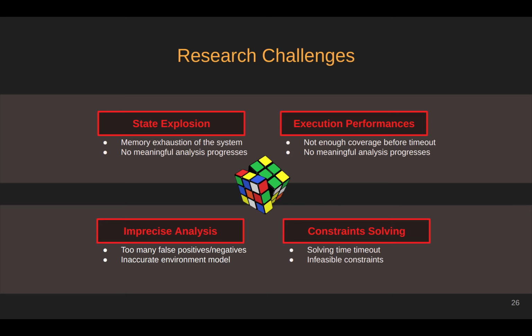Another thing is that maybe you don't have a correct environment model. In an ideal sense, you have a program that is self-contained. It just has the code that you want to execute and symbolically reason about, and then you go through it and it's done. But most of the time in production, that's not the case. You have programs that interact with each other and with other environments.